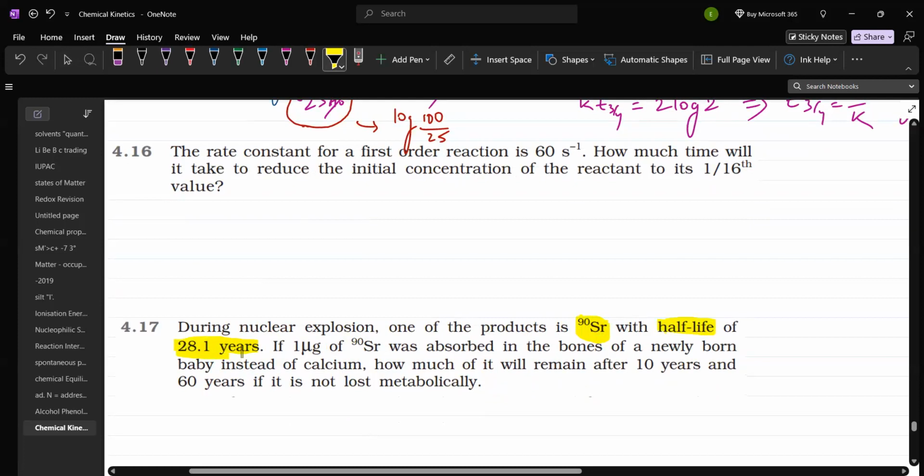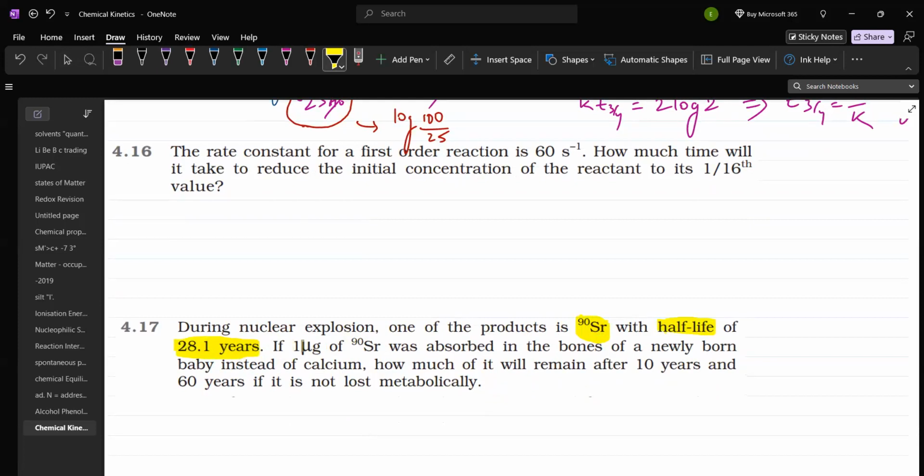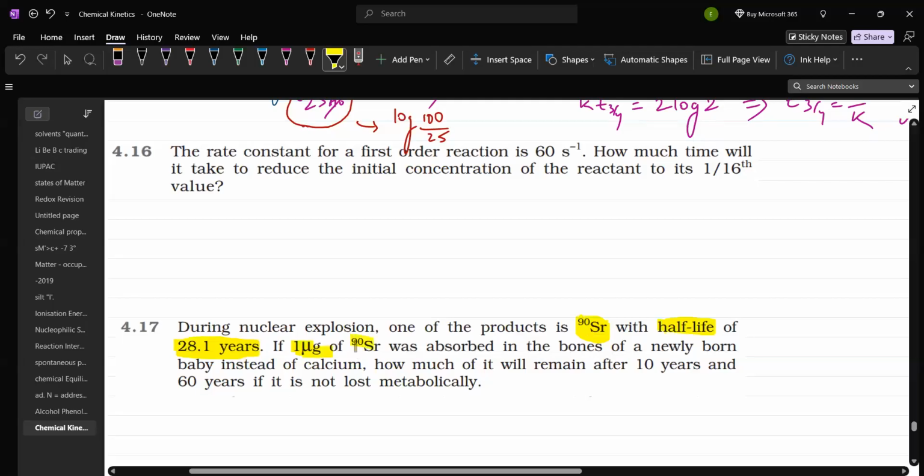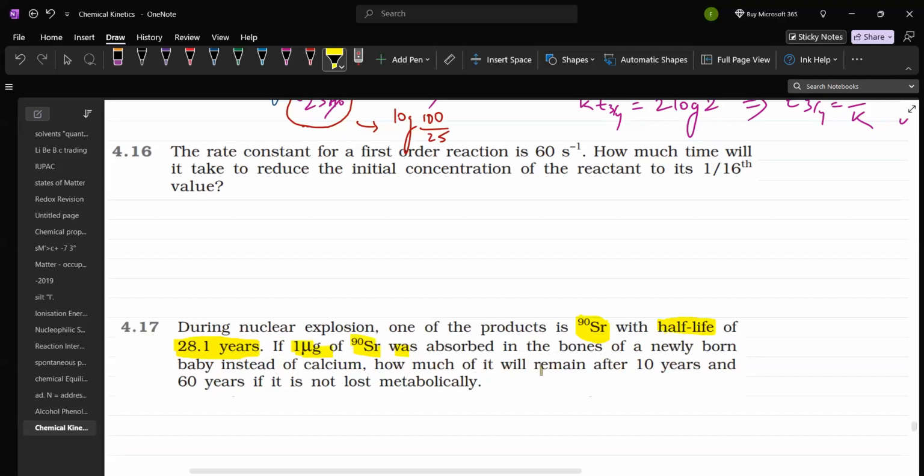Whatever amount you take, for example, if 1 microgram of strontium was absorbed in the bones of a newly born baby, means when there was the explosion, there was some baby who was newly born, and in his bones 1 microgram of this strontium has been absorbed instead of calcium.